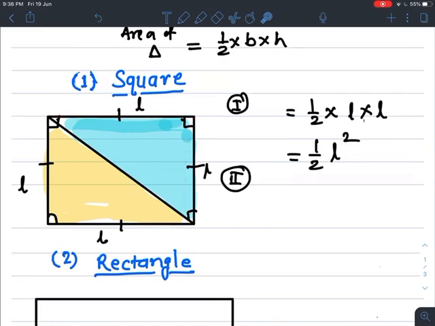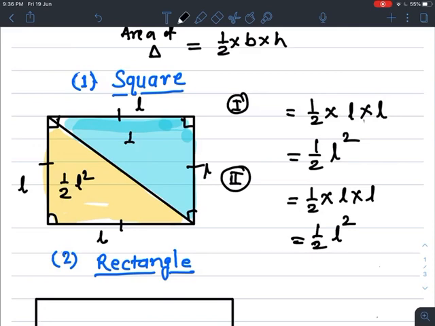Base is L, height is also L. So, half into L into L, which is equal to half L square. In this way we got the areas of the two triangles: the yellow one is half L square and the blue one is half L square.